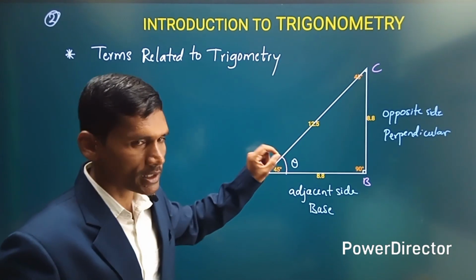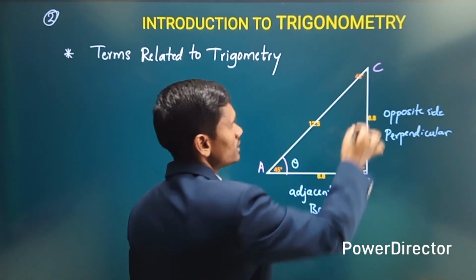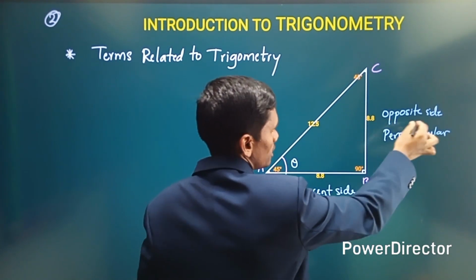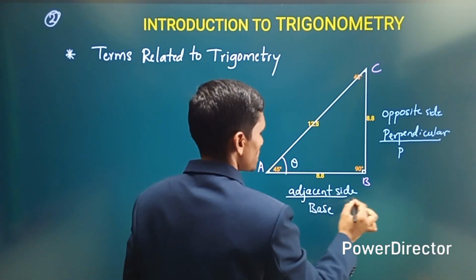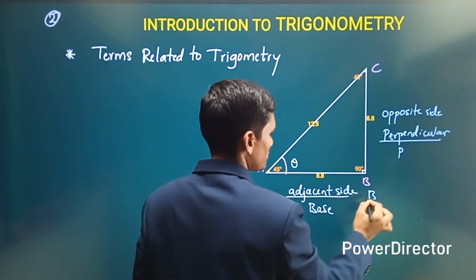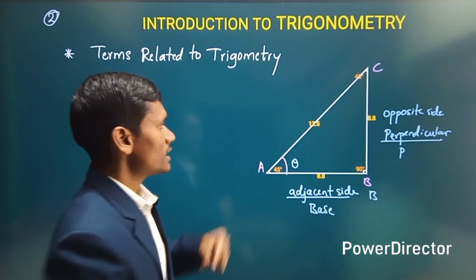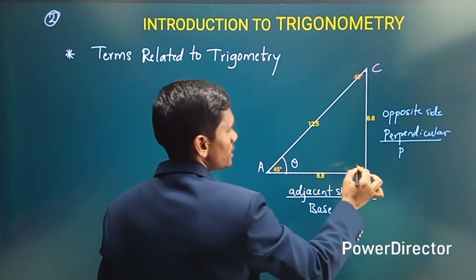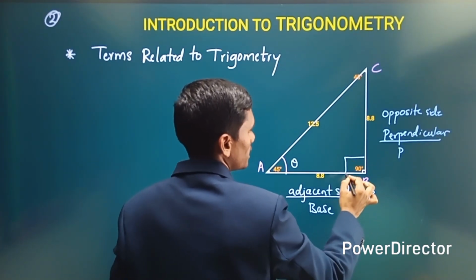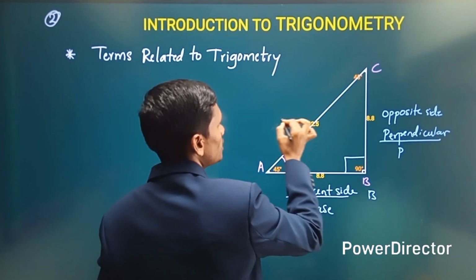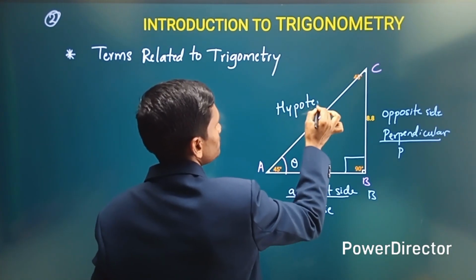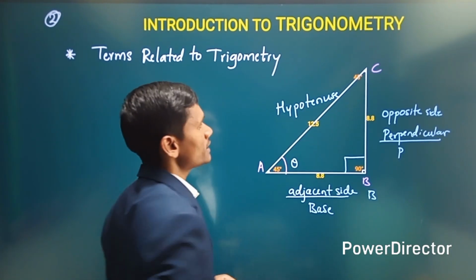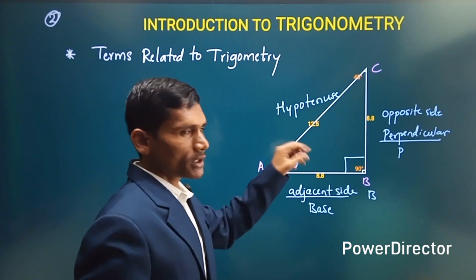If you take this angle as theta, then this is the opposite side or perpendicular, which we can call P, and this is the base. Now the longest side, which is opposite to the right angle, we call this side the hypotenuse. You need to understand these first.